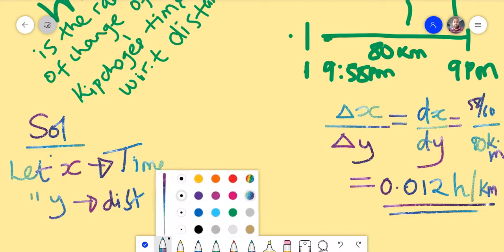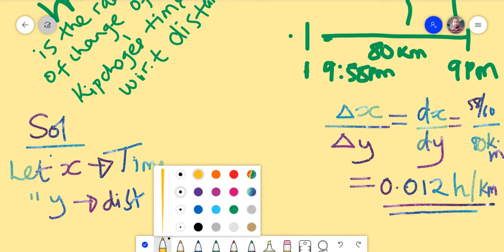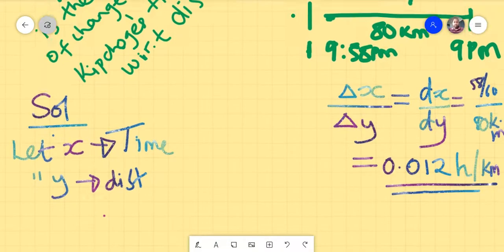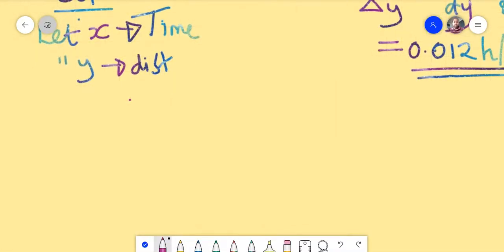Another thing I'll say is that this is the introductory part of differential equations.